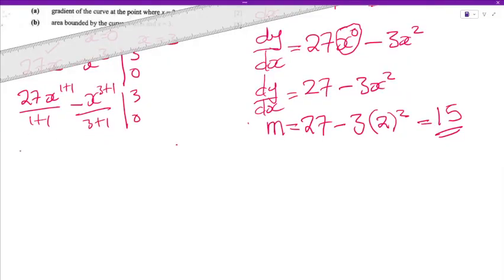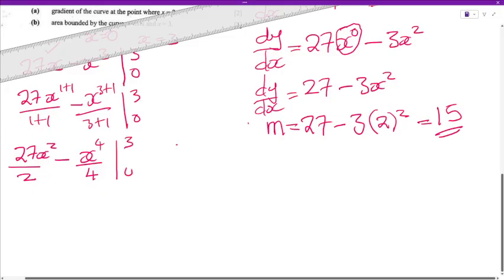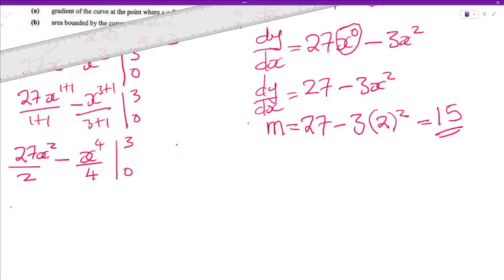So we finished integrating. There we're going to get 27x squared over 2 minus x to the power 4 over 4, with a 3 and a 0. We are done integrating. Now in the first bracket, we say 27, where there is x, we plug in the upper limit, so it's going to be 3 squared over 2, minus 3 to the power 4 over 4.